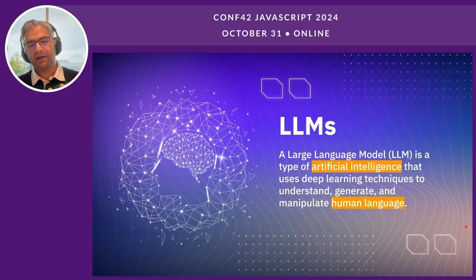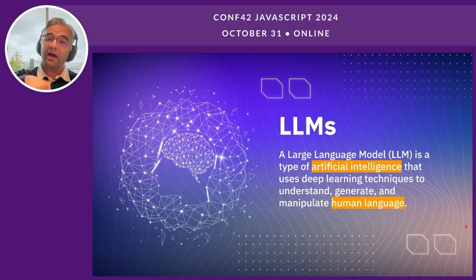In a more technical way, LLM is a large language model. It's a type of artificial intelligence that uses deep learning techniques to understand, generate, and manipulate human language. So this kind of LLM is focused on human language. It can generate, understand, and manipulate. Like the question that we asked, where is Amsterdam? It's going to tell us.